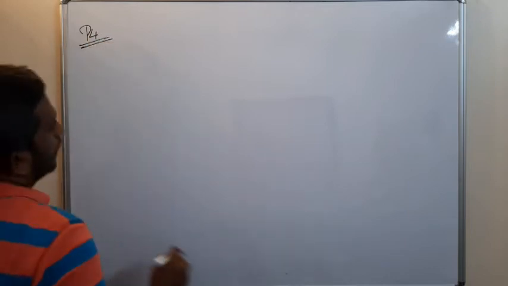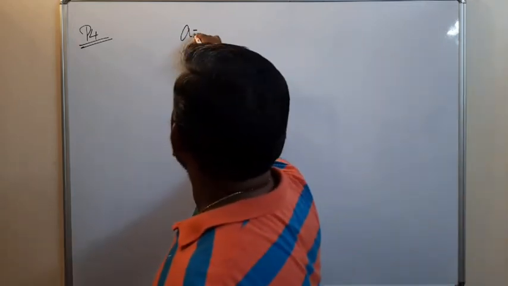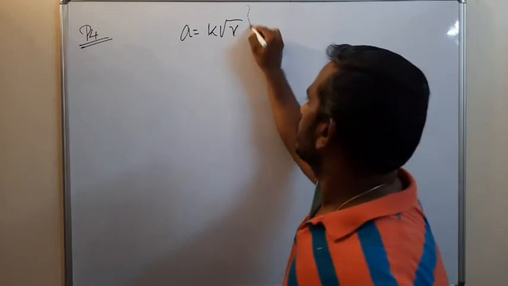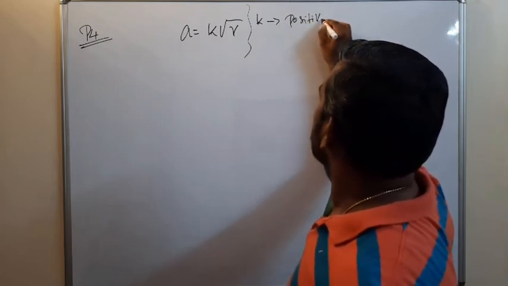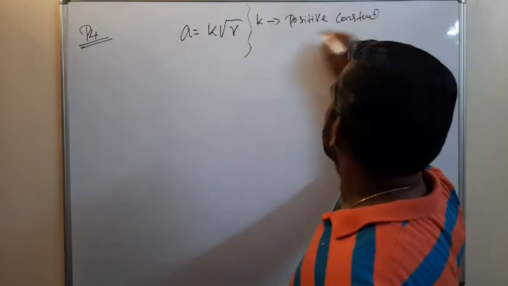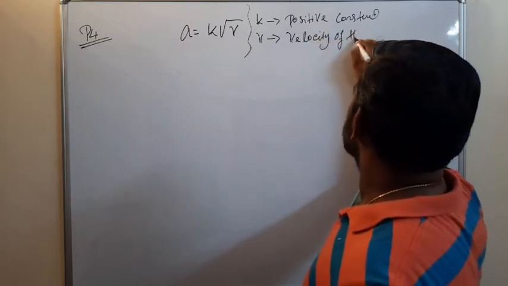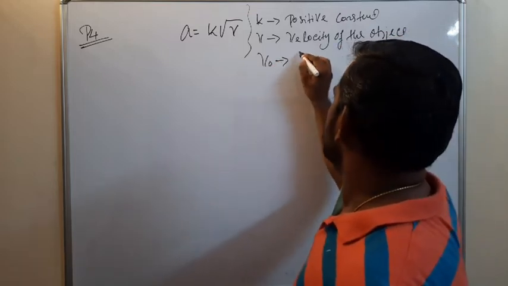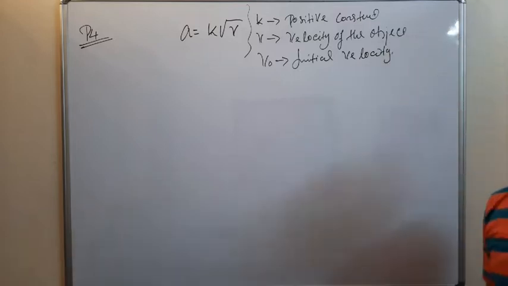So the next question, fourth question. An object moves rectilinearly with deceleration a is equal to k root v, where k is a positive constant, v is the velocity of the object, and v0 is the initial velocity.